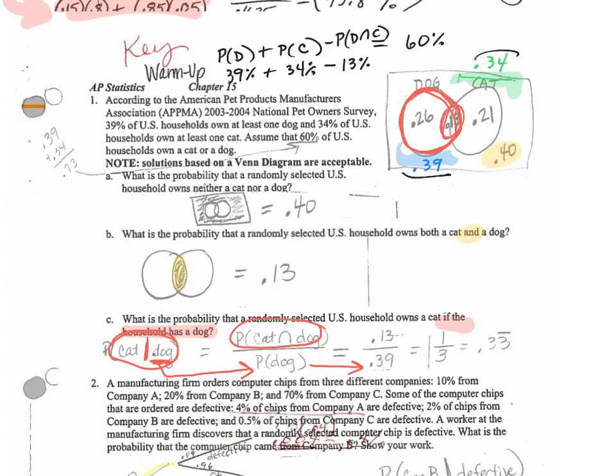The overlap is the 13% on top. Do not put the 0.34 here. It is not the whole cat on top of the dog, because then you're including the 21% of cats, people that have cats and not a dog. It's the overlap that goes on top, the 13% over the 39%.